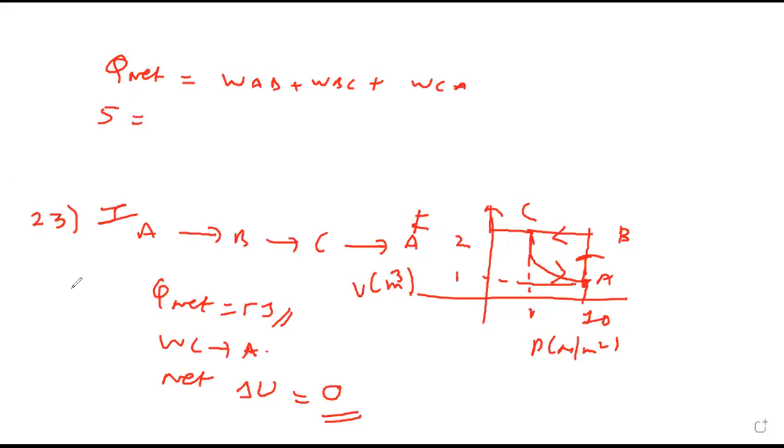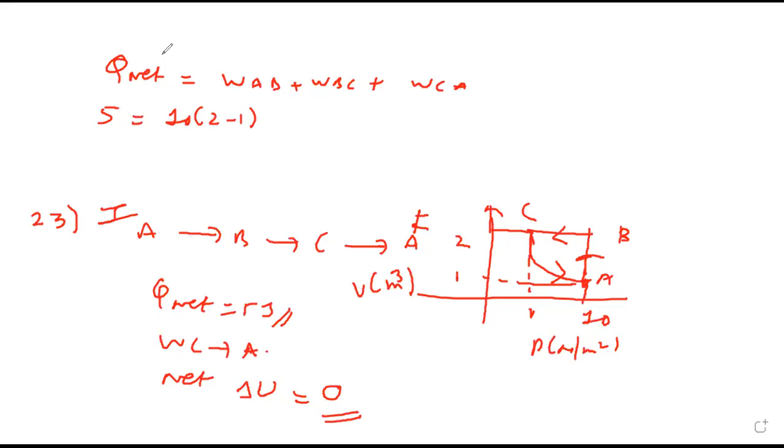Not followed this line? Followed, sir. A to B, pressure is constant and volume is changing. So the work done is P dV.